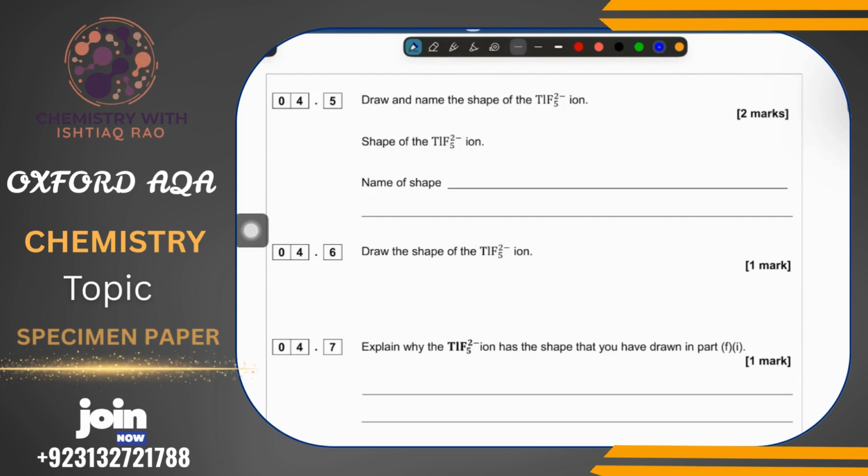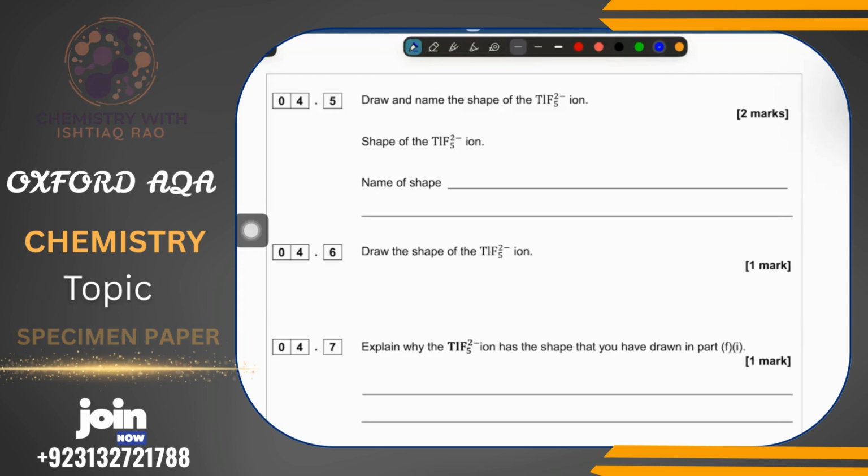Shape of TlF. Oh, and TlF, I think this is, yeah, okay. What is TlF? Iodine, fluorine, and what is T? You have two elements and six atoms in total.